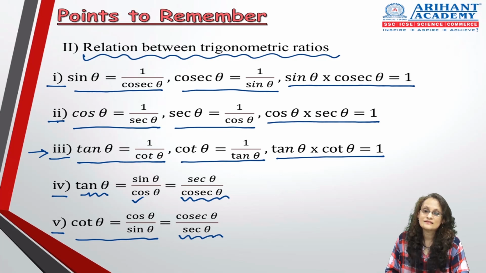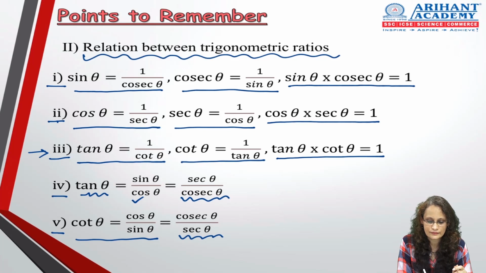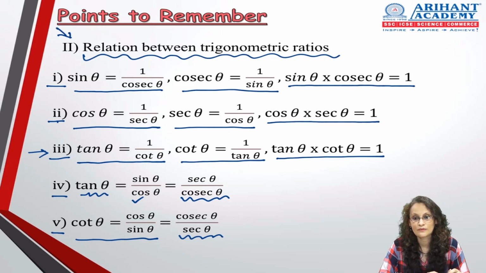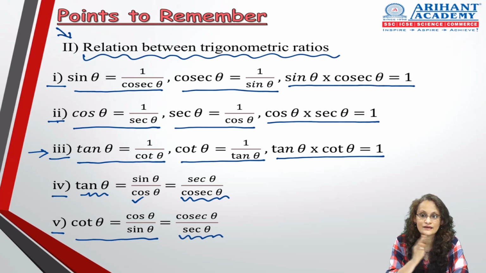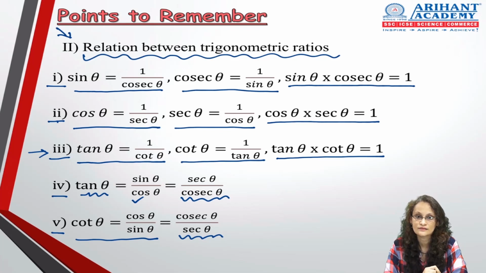So, this is your second header, relation between trigonometric ratios. ठीक है? So, quickly I'll go through it. The first one tells me sine and cosec are reciprocals of each other. Second formula tells me cos and sec are reciprocals.